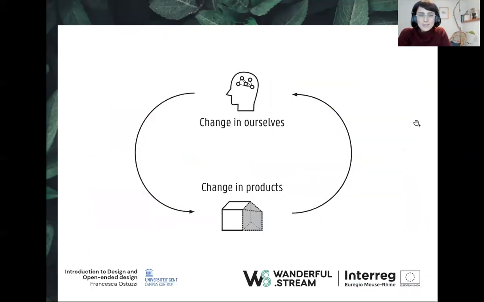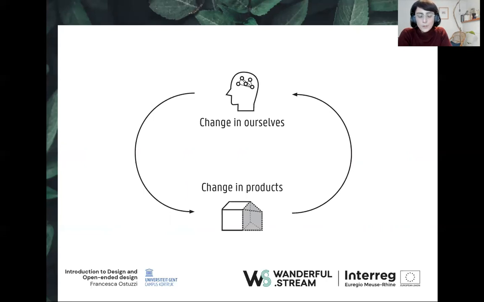Okay, so I gave you some examples of very different strategies that you can use in your challenge. As well, I introduced to you what design is and how we think as designers. But why is design so important? In fact, when we design, we want to change the world. And really, we can have this impact. Because when we change products, in fact, we are also changing our own perception of them.